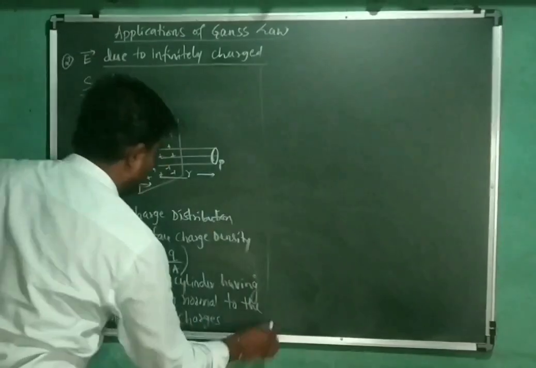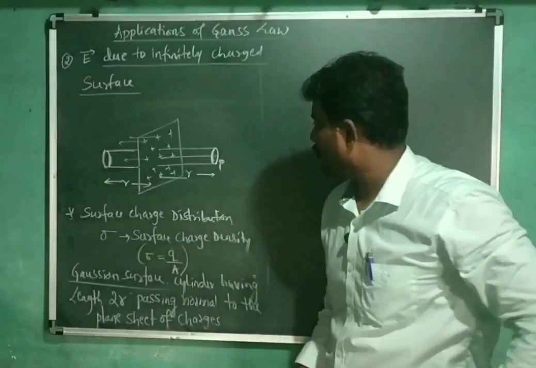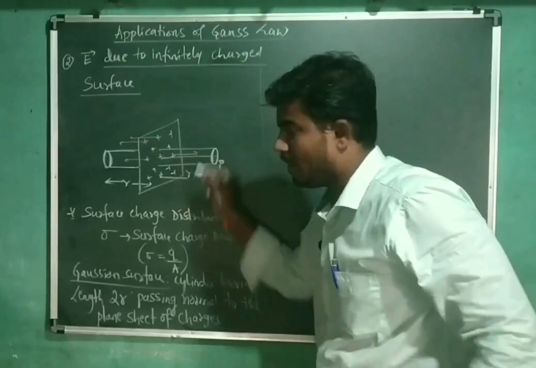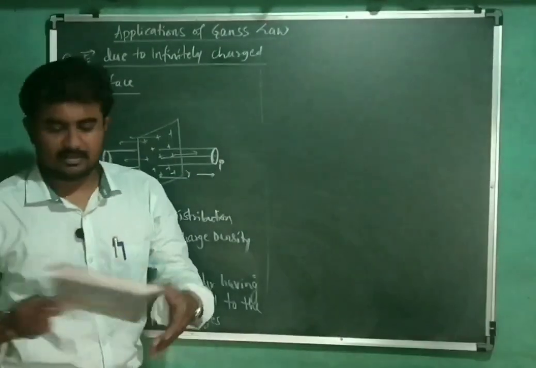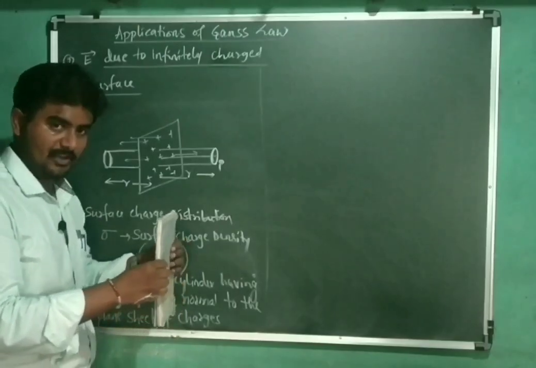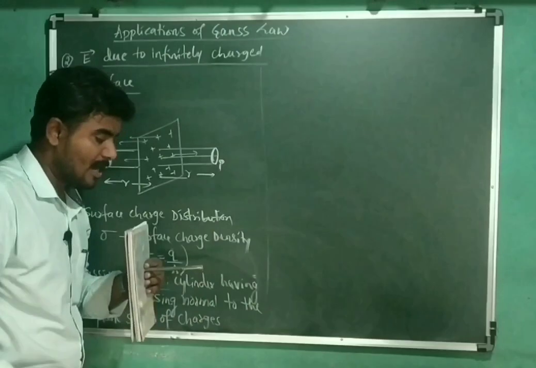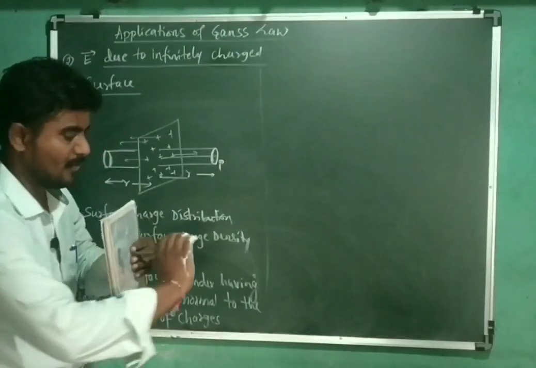Okay, next point. As you can observe here, the direction of electric field will be radially outward. For example, if this is the infinite plane sheet, then the direction of electric field will be like this, and I have considered the cylinder in this way.